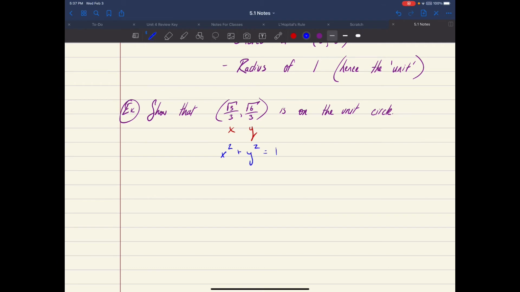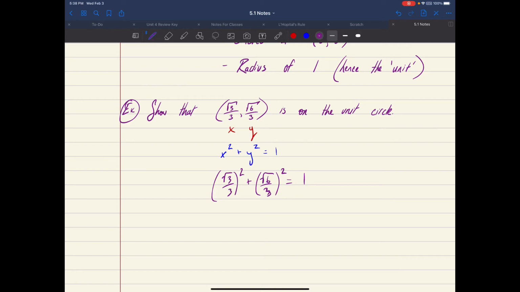And so if a point is on the circle, then if we plug in the point, it'll equal 1. So it's pretty simple in that way. So if I take root 3 over 3, square it, add to the y coordinate, which is root 6 over 3, and square it. Question is, does that equal 1?